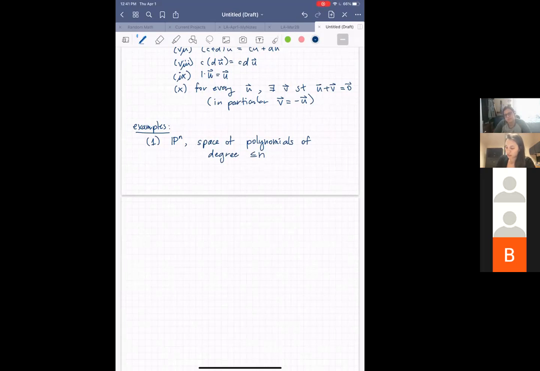If we want to write this down as a set, this is the set of all polynomials which look like a_n t^n plus, all the way down to, a_2 t squared, a_1 t plus a_0. So our coefficients are these a's, and here the a_i's are real numbers, and they could be 0.